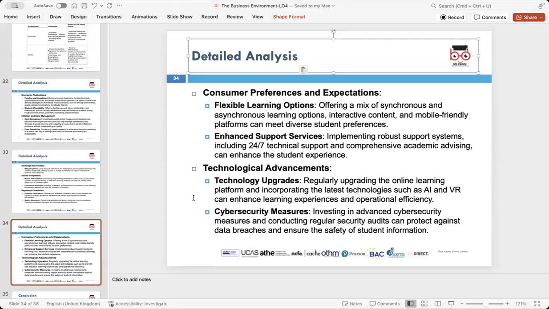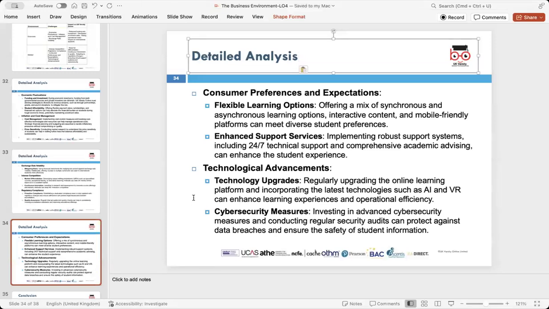Next is technological advancements. Keeping pace with technological advancement is essential for maintaining a competitive edge. Regularly upgrading the online platform or Moodle and incorporating the latest technologies such as artificial intelligence and virtual reality can enhance learning experiences and operational efficiency.